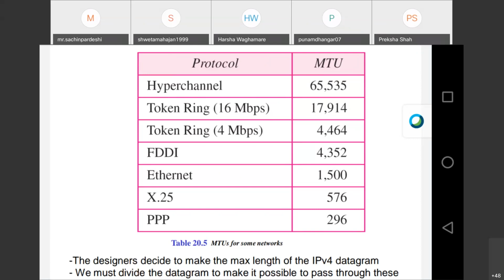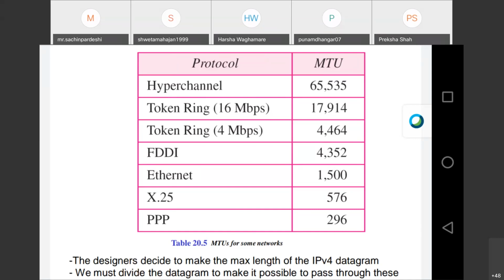Like in Ethernet, we have seen we use the CSMA protocol to identify the collision. The minimum size is 1500 bytes. So there is a different maximum transmission unit for the different types of network.